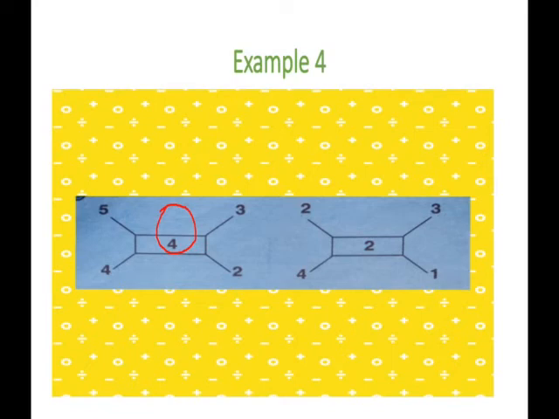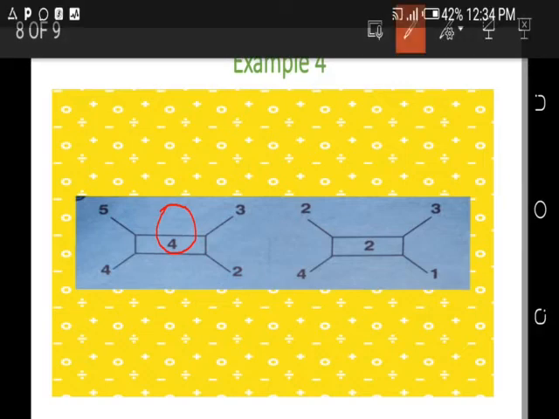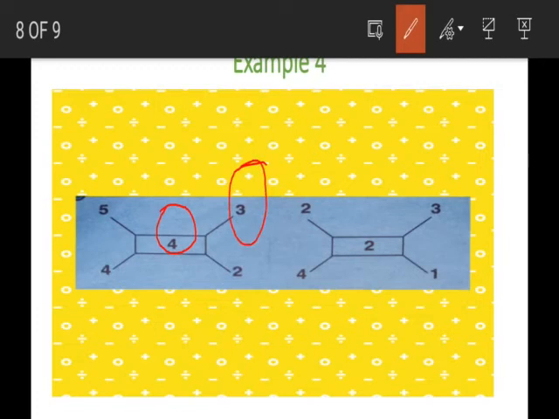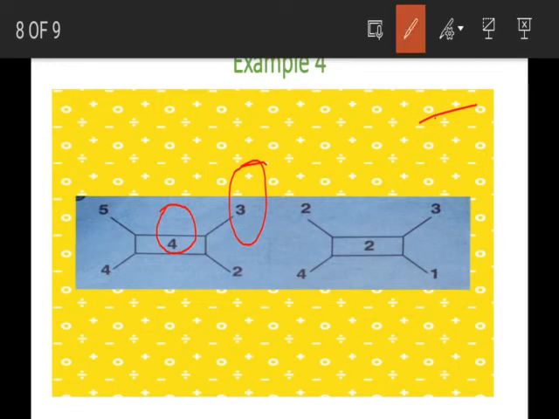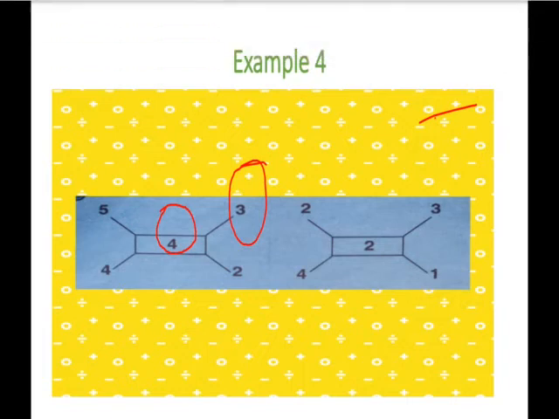Now, assuming this 3 was not given, what do we do? Assuming the 3 was not given, how do we get the 3?